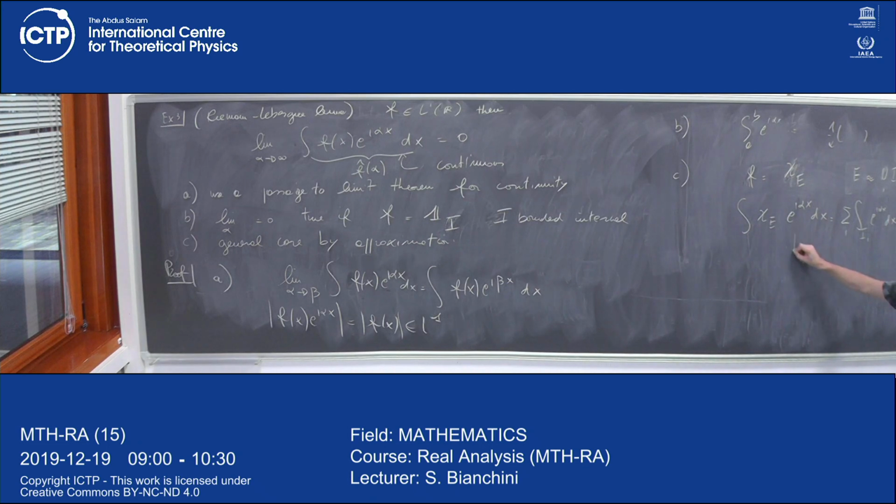So take the limit, lim sup of the modulus of this guy, okay, this is 0, and this is epsilon. For any epsilon I can do this, so the limit is 0. And for general f, it's the same, because this estimate is uniform.